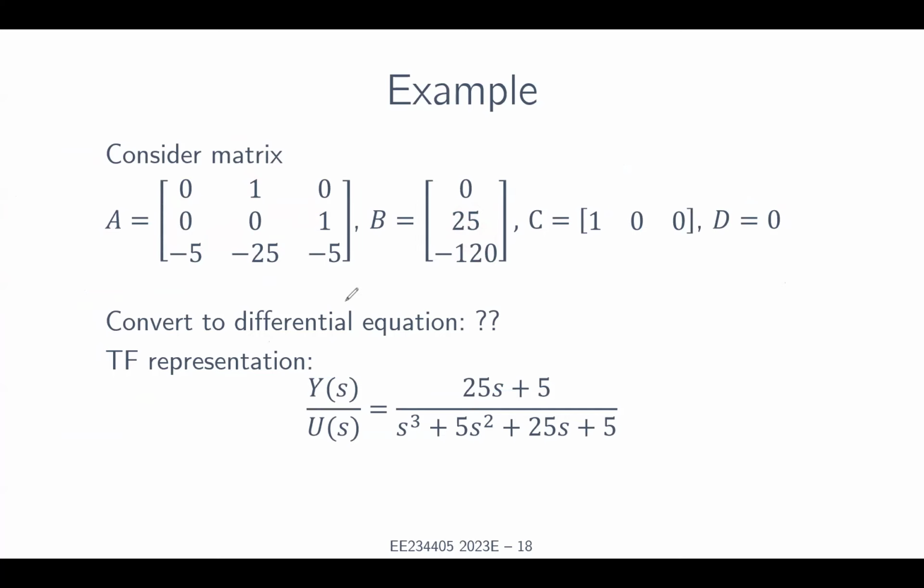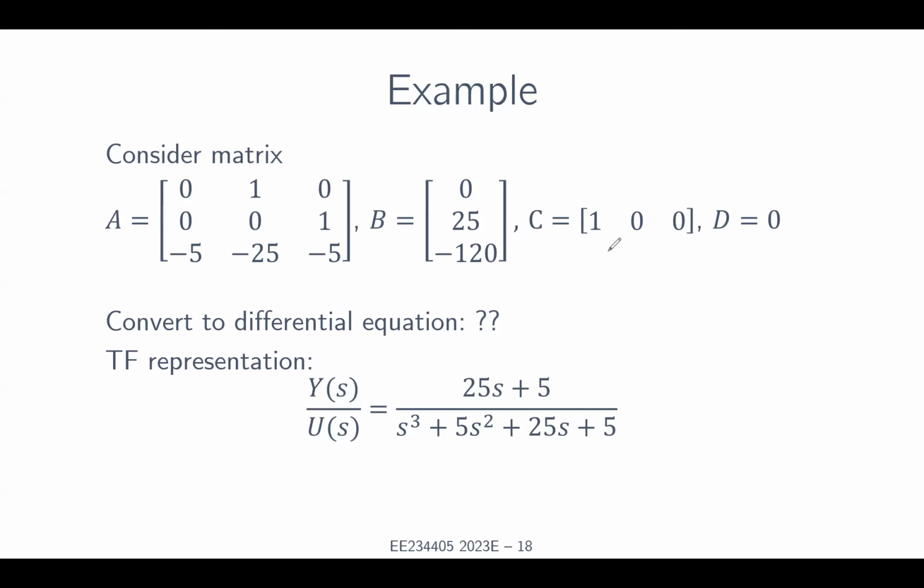Of course, you can use the formula G equals C (sI minus A) inverse B and so on, but the system here could also be converted into a transfer function by converting it first into a differential equation, right?